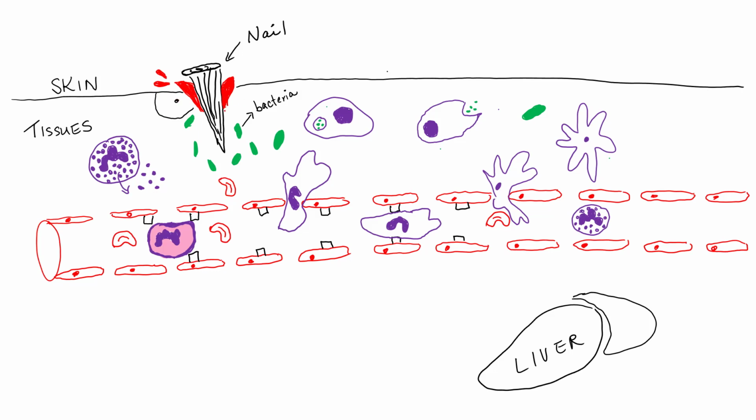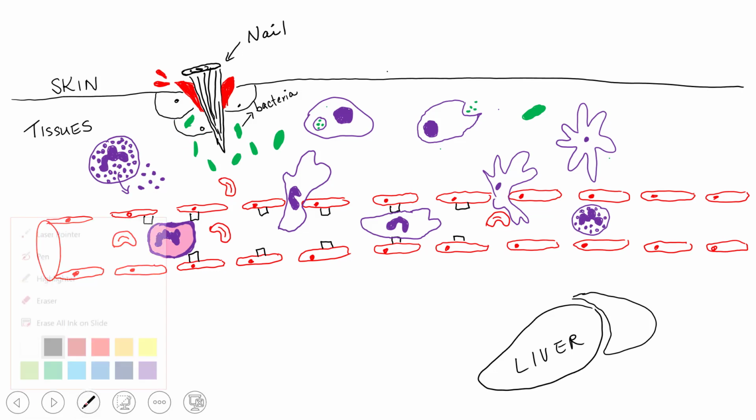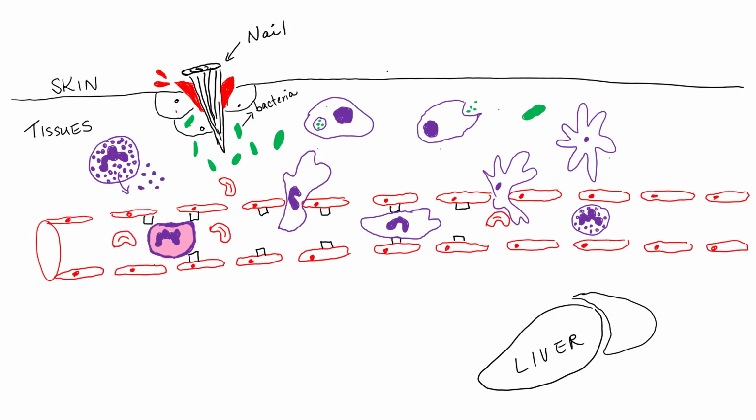If you recall, there are skin cells that have become damaged in this puncture wound, and these damaged cells begin to release cytokines. They begin to release these inflammatory signals. We'll show these as little blue dots.